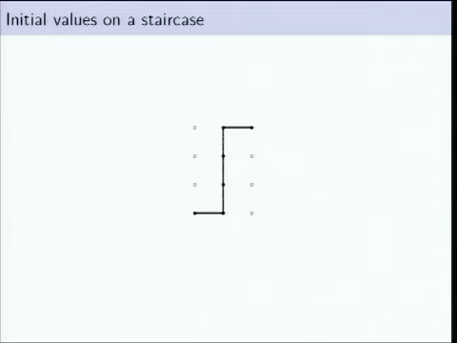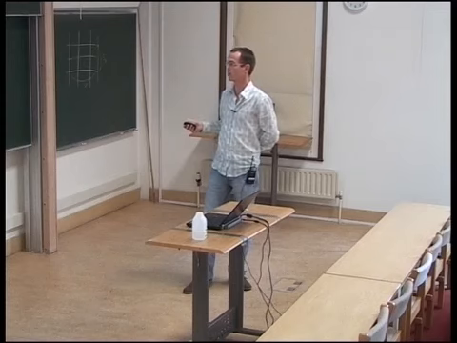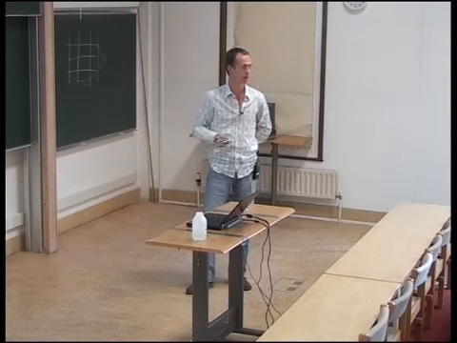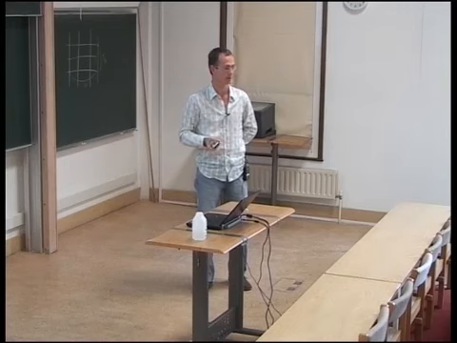Clearly, if points are given on a staircase like this, then we can calculate this point from that square over there. Once we've done that point, we can calculate that one. So you can basically see if this staircase extends to the upper right and the lower left, it's clear you can calculate all points there and all points there, and this is a well-posed initial value problem, and every point is uniquely determined.